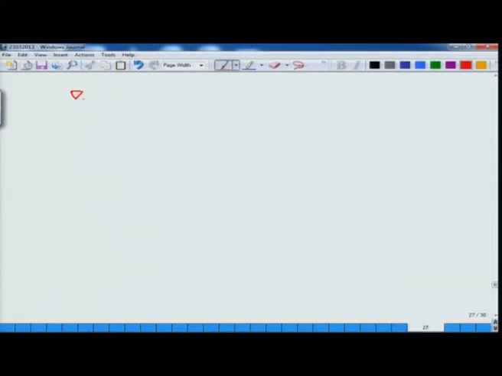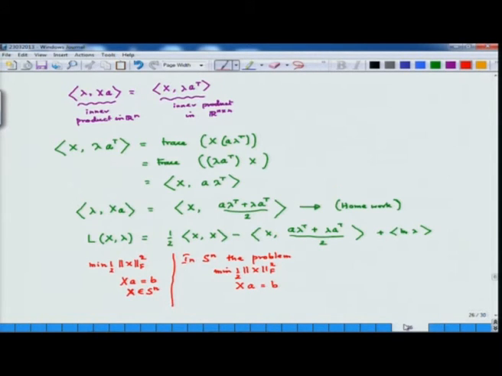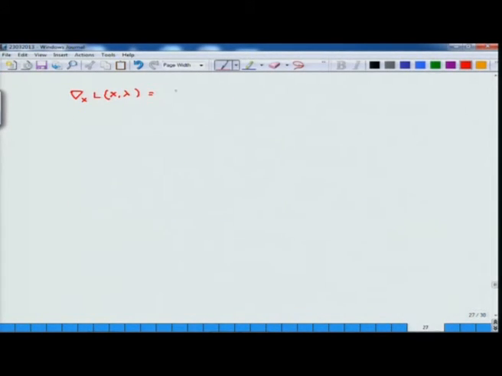So you take the gradient of the Lagrangian and equate it to 0. You see the Lagrangian is now written like this, and that would give you x minus a lambda transpose plus lambda a transpose.